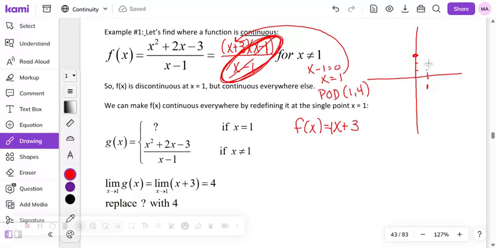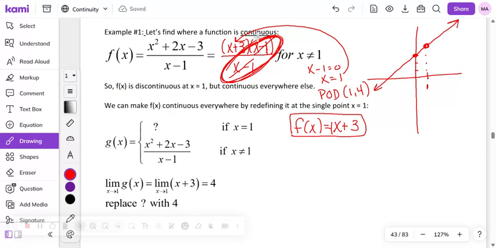So I'm going to go drop that onto my graph right now. Okay, so that's our point of discontinuity, and then when we graph the function, it's basically going to look like this. So that's what our function looks like.